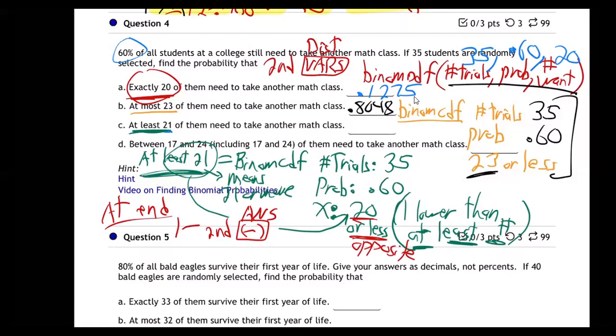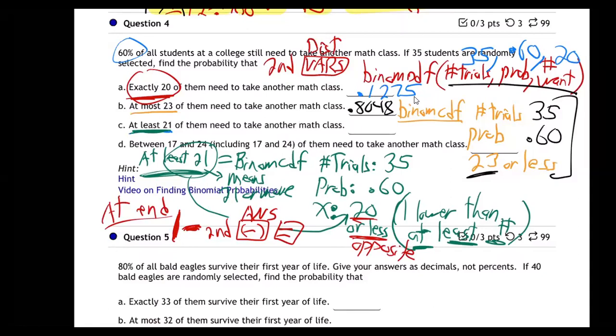That's your answer button. You've got to hit 1 minus second answer and then hit equals or enter, and you'll get your final answer. Are you tracking with me on that? So this is more difficult.